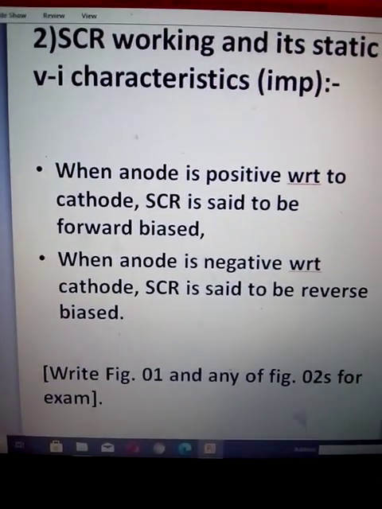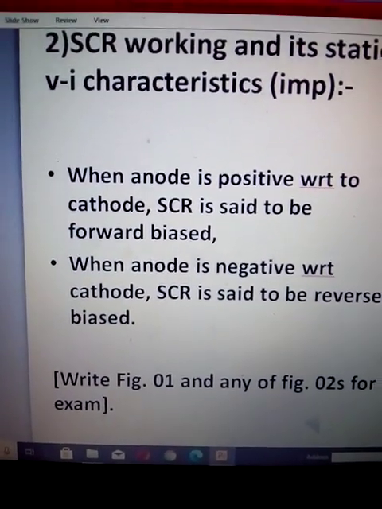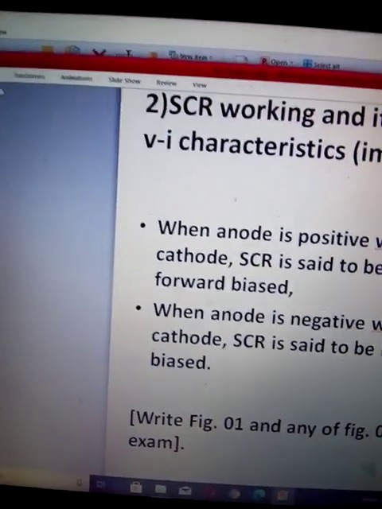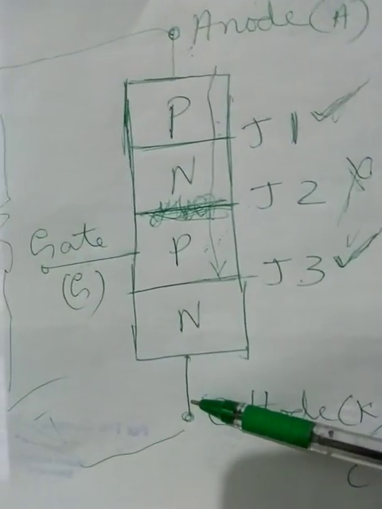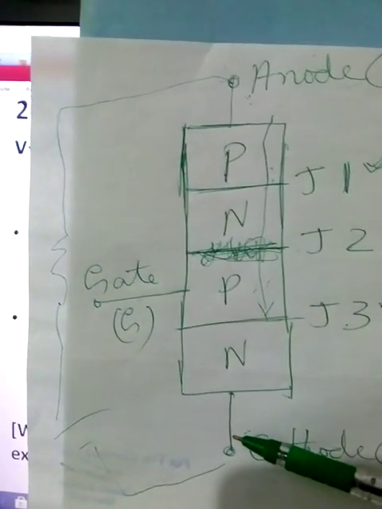In other words, if the anode is at a higher potential with respect to cathode, SCR is forward biased.